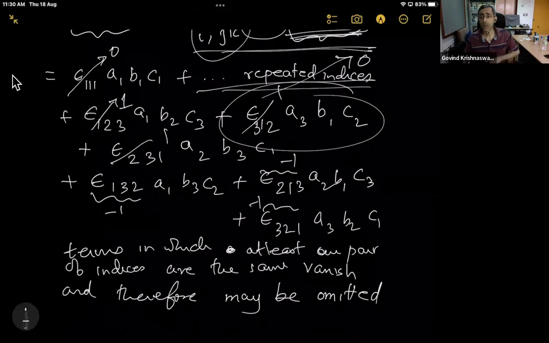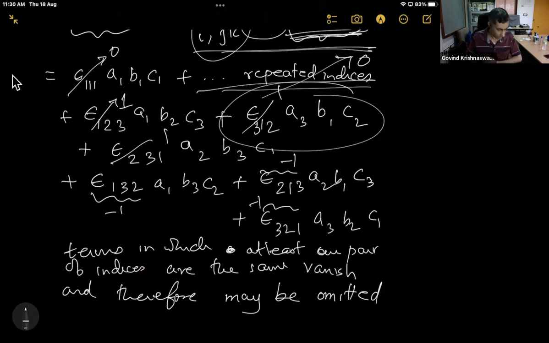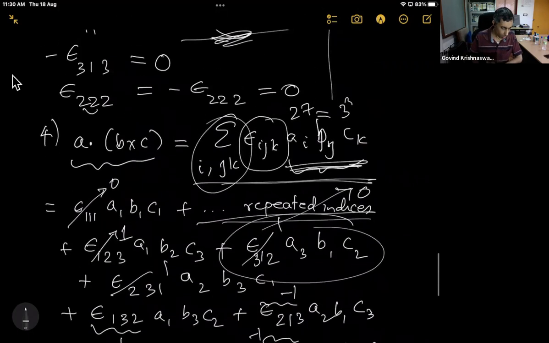There is a lot more to these identities, but we are meeting them for the first time, and we have a reasonable introduction to them, I think. You are welcome to look up the Levi-Civita symbol, and also its properties and its deeper meaning.